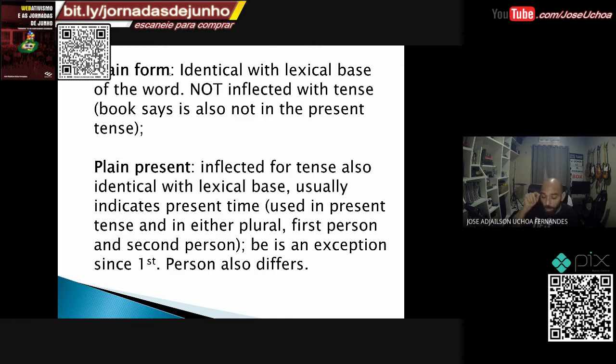Então, uma forma interessante de saber se está no plain form ou no plain present é ver se esse verbo fosse be, como ele seria? Ele seria colocado aqui como are, is ou am, ou ele seria colocado aqui como be, né? Naturalmente como be, o famoso nome do verbo, né? Em uma oração do tipo It's important that you be smart. Eu não digo It's important that you are smart, né?